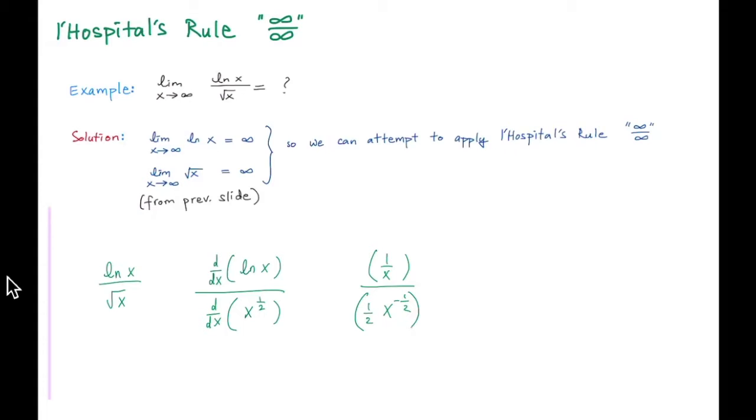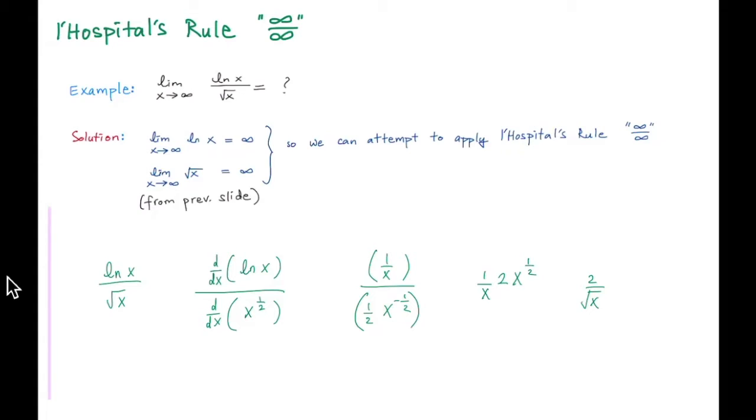And I simplify this. So 1 over 1/2 is 2. And then 1 over x to the negative 1/2 is the same as x to the 1/2. So this becomes 2 over square root of x.